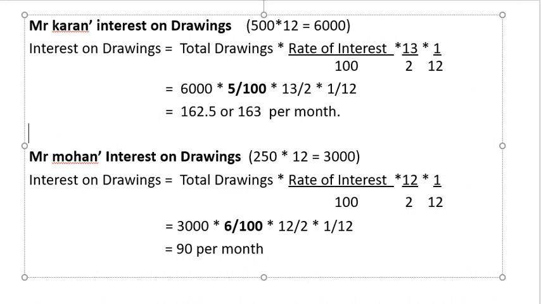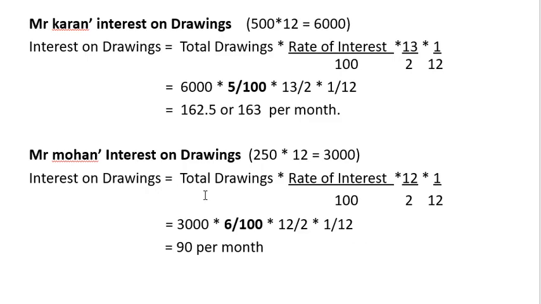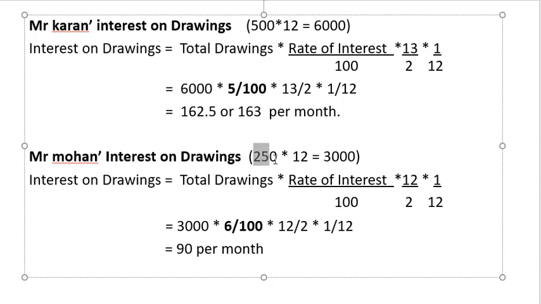Now second partner, Mr. Mohan, he has withdrawn rupees 250 at the middle of every month. So middle of every month means the formula has been changed. Now 250 rupees middle of every month. So convert into 12. 250 into 12, 3000 rupees. Now apply the formula. Total drawings into rate of interest by 100 into 12 by 2, this is for middle of the month, into 1 by 12.